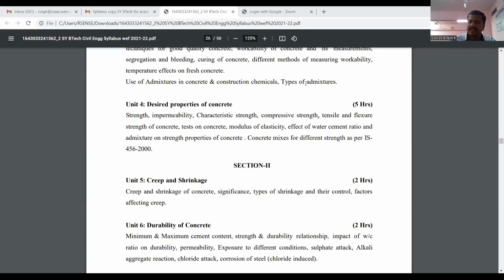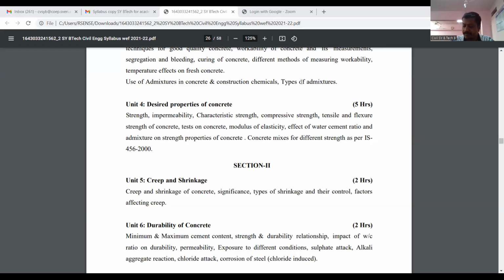To understand this phenomenon of modulus of elasticity, you must have the knowledge of what elasticity is. What is elasticity?